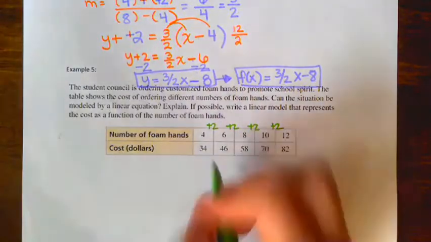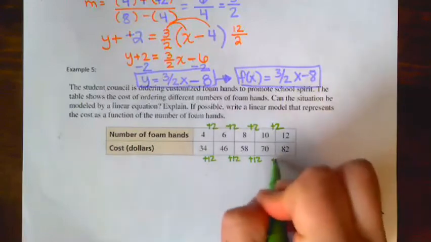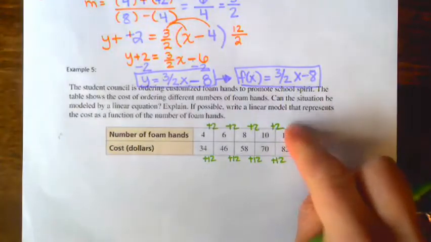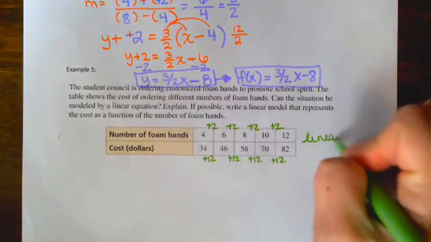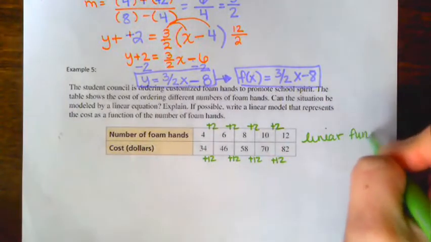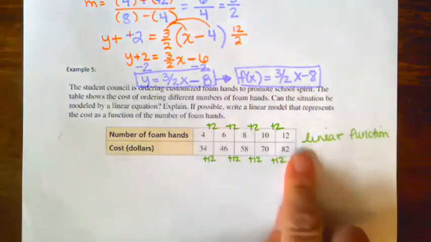They're increasing by 12 every time, right? And if they're increasing by the same amount each time, isn't this a linear function? If they're increasing by the same amount or decreasing by the same amount, it is always a linear function.